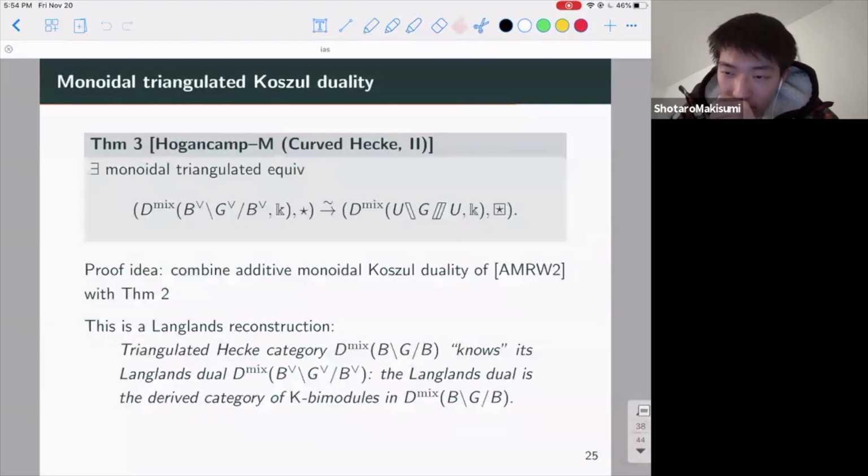And the statement is then that this new funny category that we've defined really is equivalent as a monoidal triangulated category to the Langlands dual Hecke category. So this is the Langlands reconstruction of the Hecke category that I had promised at the beginning of the talk.